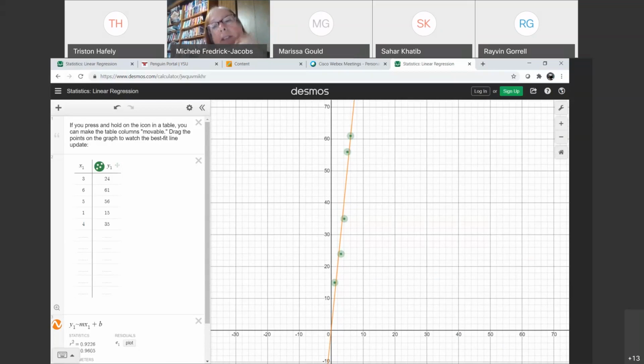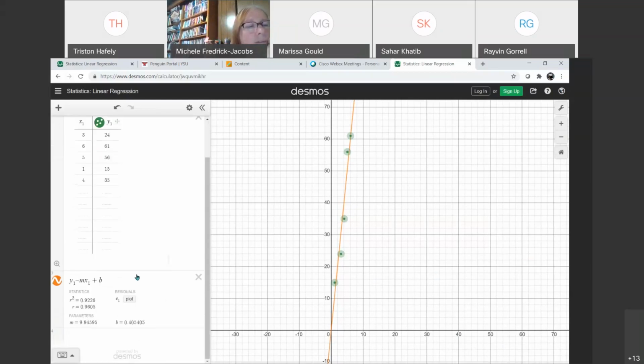The other thing that's nice is notice the line's already there. And if you go down over on the left, right here, you have your R squared, you have your M and your B. You don't have to do anything, so it is a lot nicer. If you want to be able to save graphs, you can sign up and become a member, and I believe it's free.